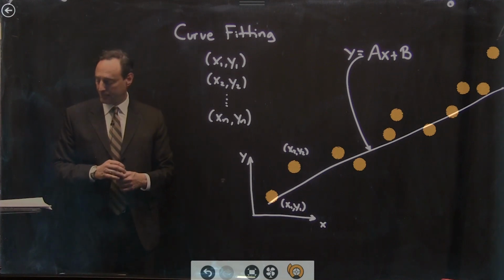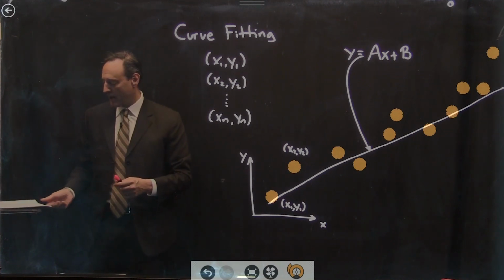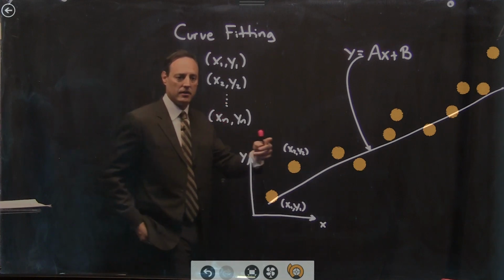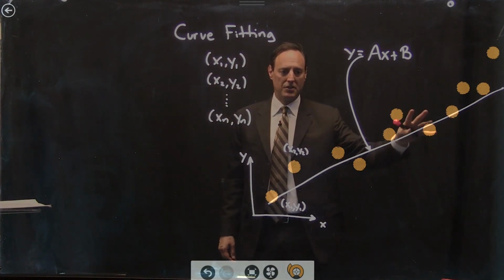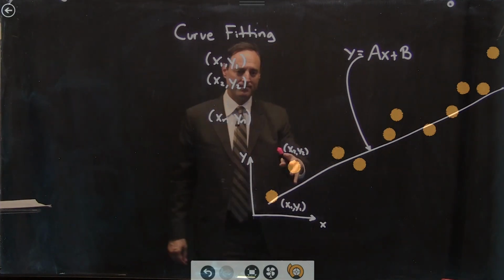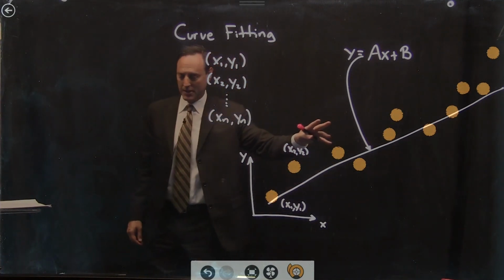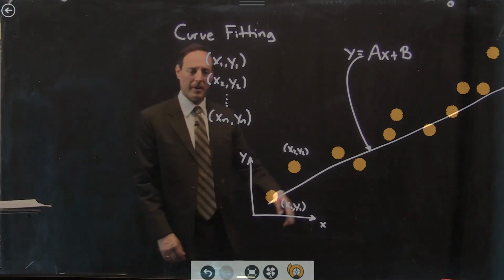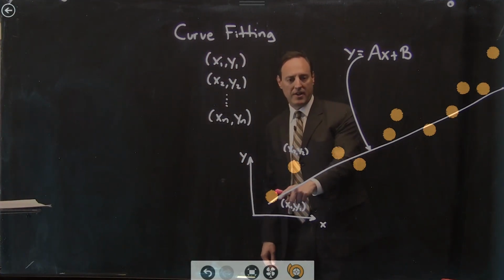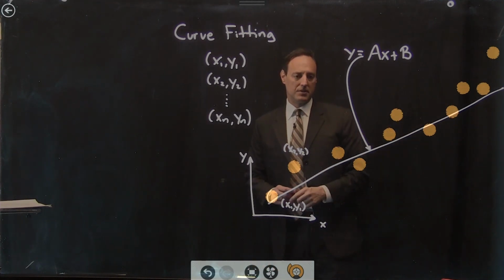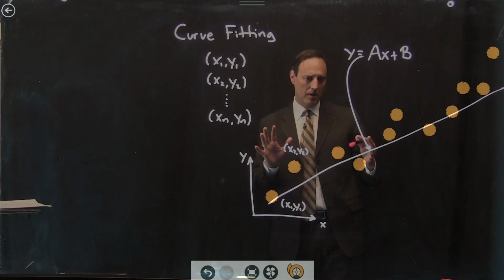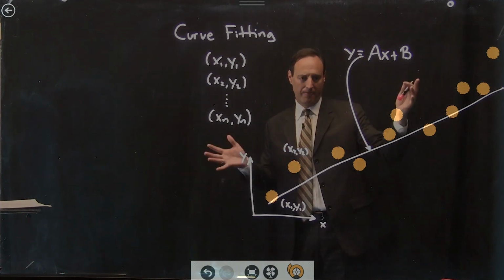All right, so the biggest thing we have to think about is the fact that when I plot this line, it actually doesn't go through all the data, right? If you look at this line here, it goes through part of the data. In fact, it doesn't go through any of the points necessarily. And so part of what you start understanding is, how am I going to talk about the best fit for this?